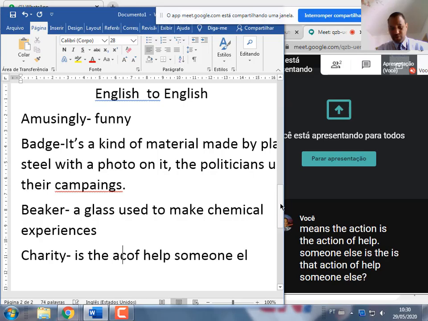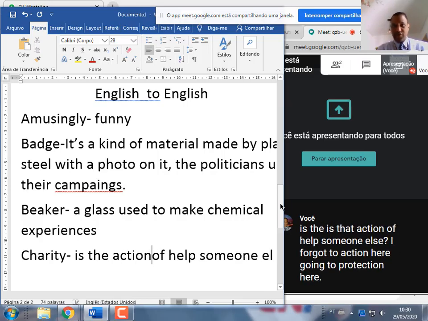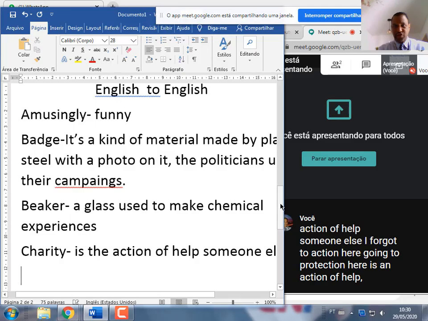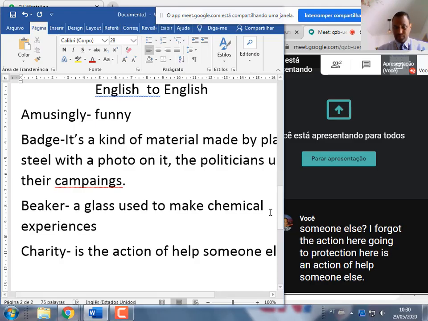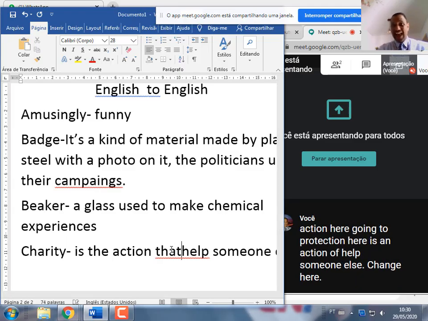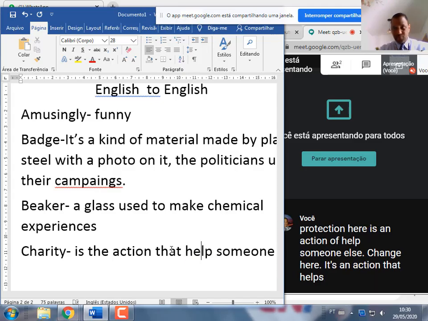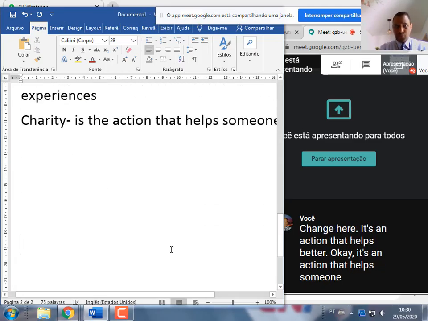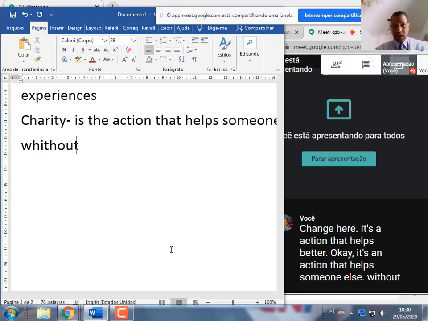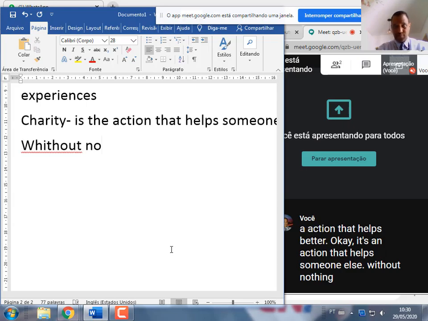I forgot the word action here, I'm gonna put action here. It's an action that helps someone else without charging anything.